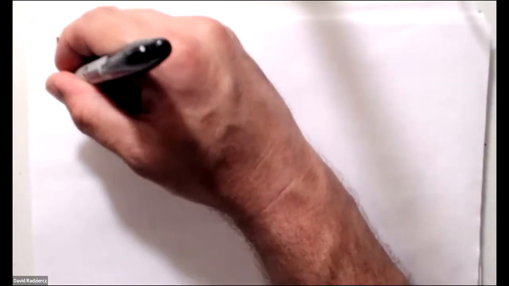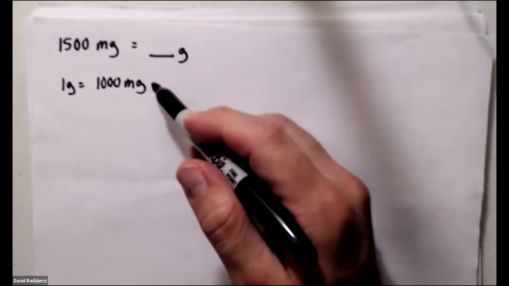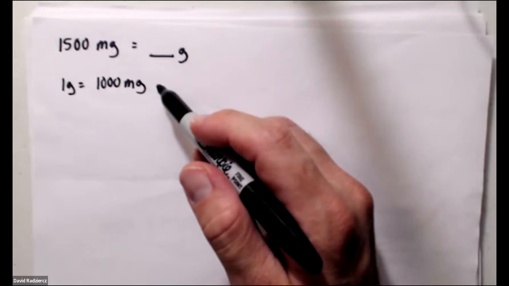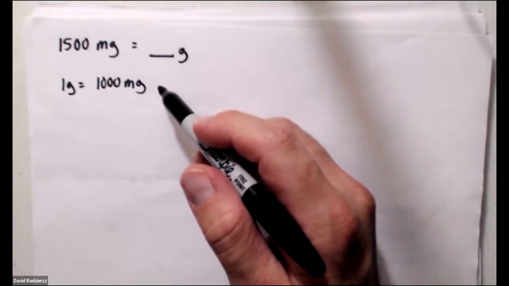So the first thing you need to know is that 1 gram is equal to 1,000 milligrams. In order to solve this problem, you need to know either how to move a decimal point over to the correct place, or at least know your basic unit conversion, which is 1 gram is equal to 1,000 milligrams.